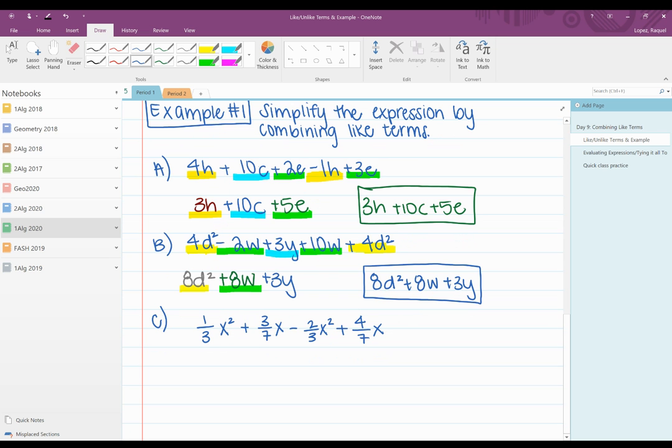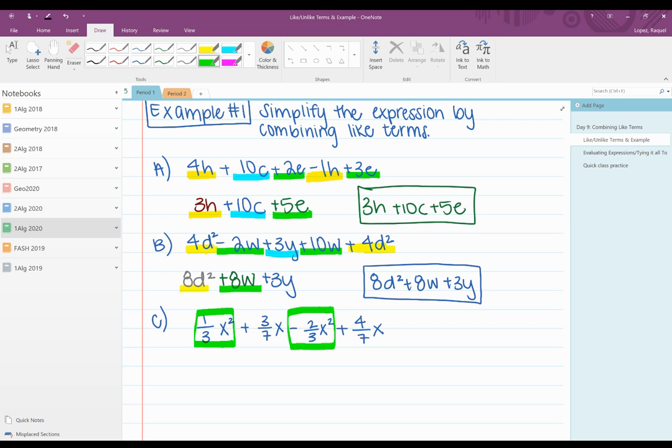Okay, let's take a look at the last one. I see 1/3 x squared plus 3/7 x minus 2/3 x squared plus 4/7 x. This one they're trying to trip us up a little bit, but remember it has to have the same exponents. So 1/3 x squared and negative 2/3 x squared both have x squareds in them, so I can combine those two terms. 1/3 x squared minus 2/3 x squared.